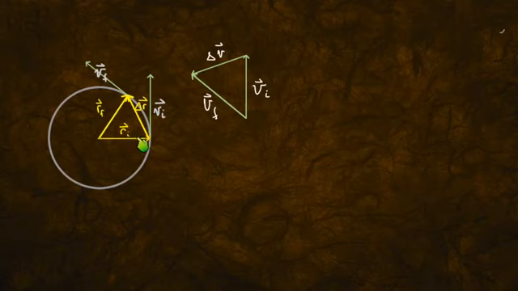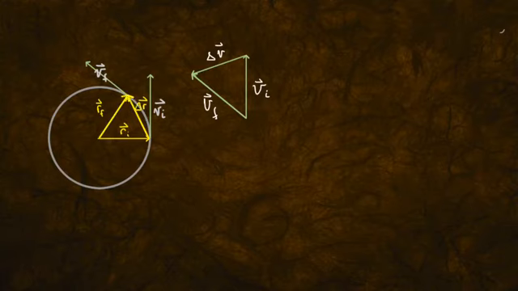So the angle between RI and VI, this angle right here, is a right angle because any radius to the tangent line is perpendicular. Okay, and we also have that over here. So let's take this group of vectors, the RI and VI, and imagine we rotate them up to there, right?